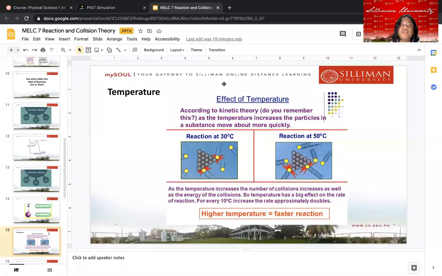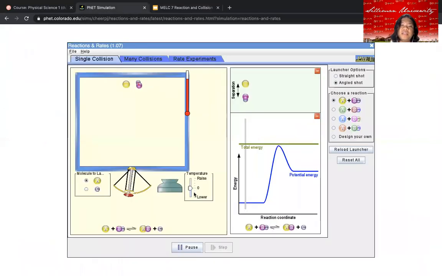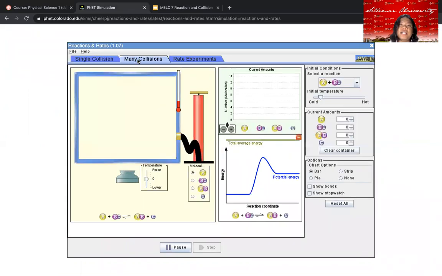So if I go back to my simulation here, what happens if I increase the temperature of my system? Say, for instance, I have here particle A. I have here different particles. I have 13 particles there. Let us try to raise the temperature and observe what will be their behavior when we continuously increase temperature.